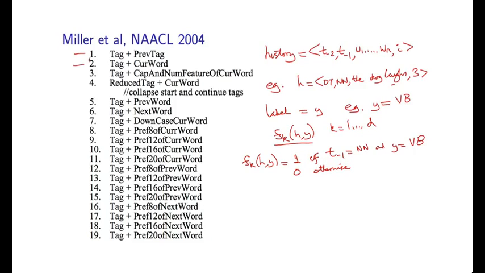We have features which look at the tag and the current word. So this would be a feature such as fk(h, y) equals 1 if wi equals laughs and y equals VB, 0 otherwise.